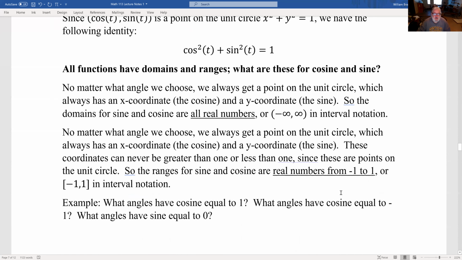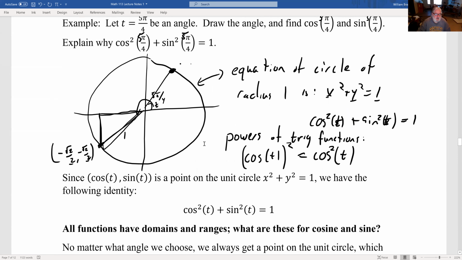Domains and ranges, right? Cosines and sines are functions. What angles have cosines and sines? Well, no matter what angle you choose, you're always going to get a point on the unit circle, which always has an x coordinate and always has a y coordinate. So the domain is going to be all real numbers, minus infinity to infinity. So what about the range? Well, cosine can never get bigger than 1, right?